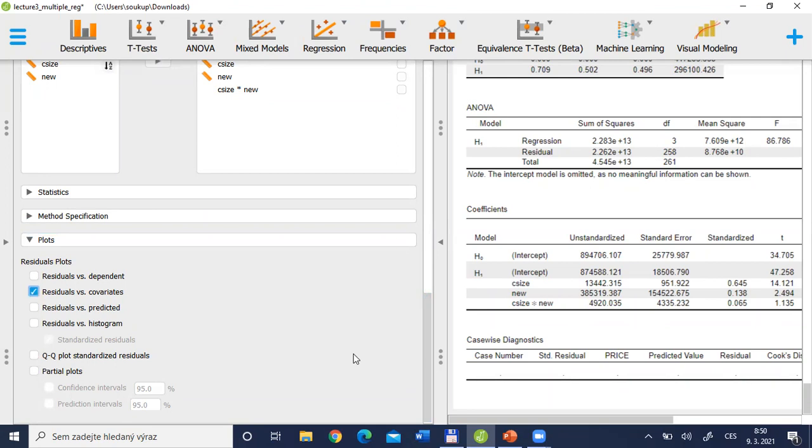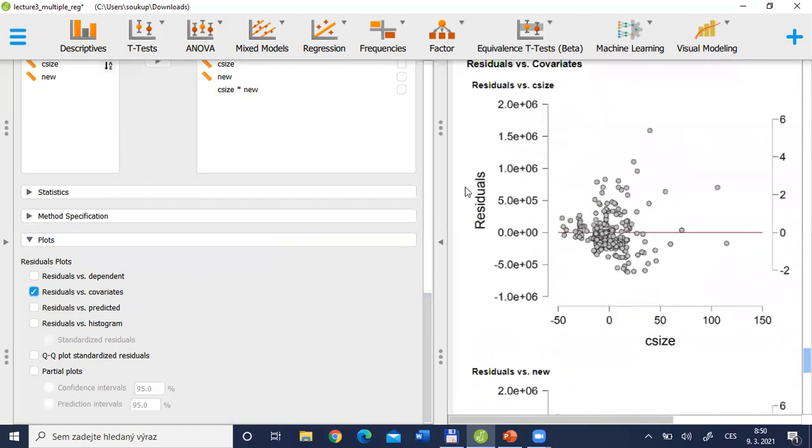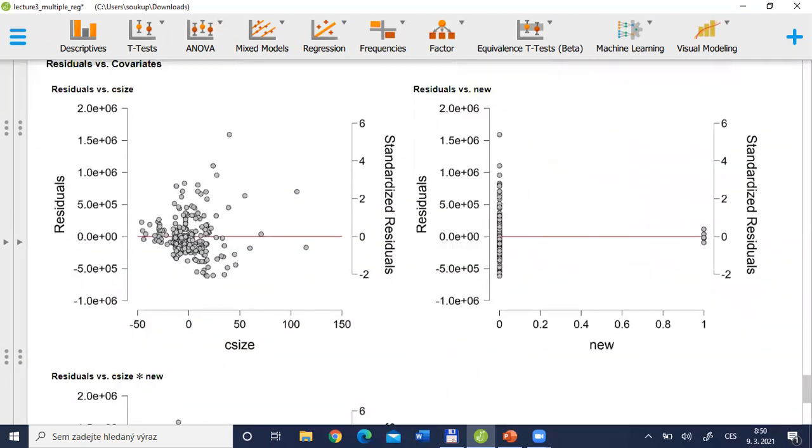So I would prepare these plots. Before JASP prepares them for me, I would add a comment that these charts do not have any meaning for variables that are binary. So for the variables new and old flat, we will not inquire about this picture.